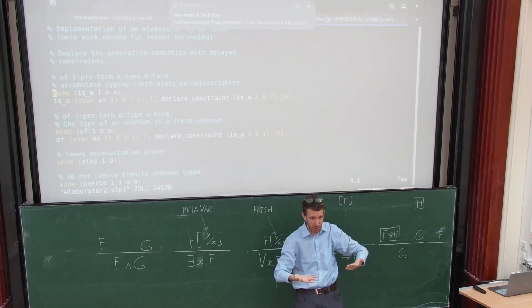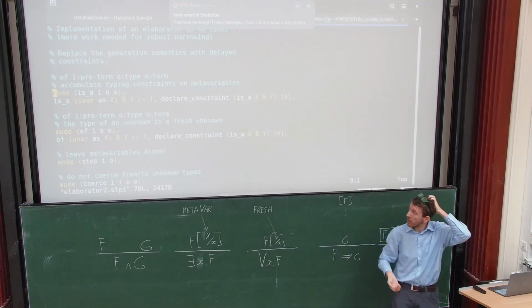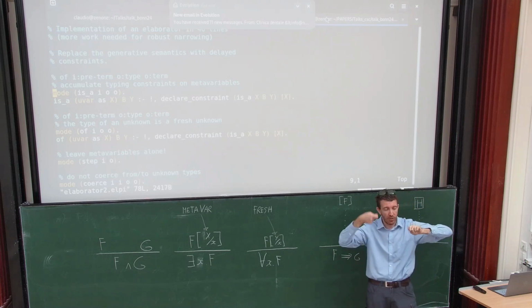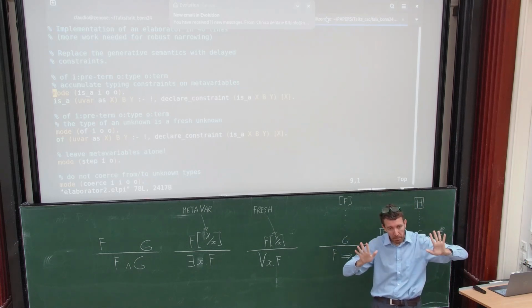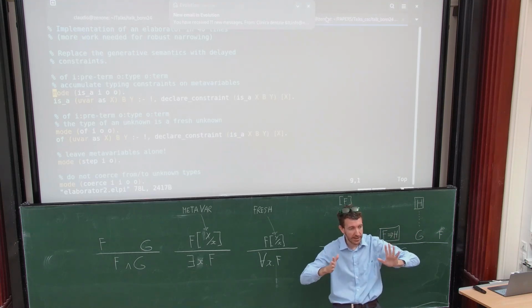you get in ELPI. So what I need to do, and this is what I can do in ELPI, is tell the system that when the recursion arrives on a meta variable, it has to stop. Instead of generating solutions randomly, it has to stop and store that goal as a constraint.